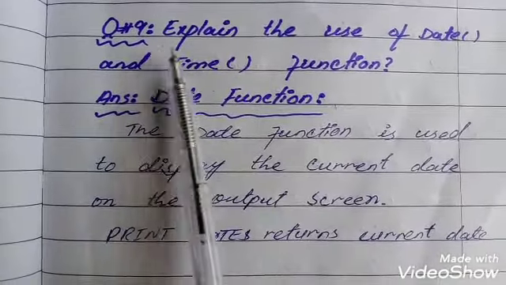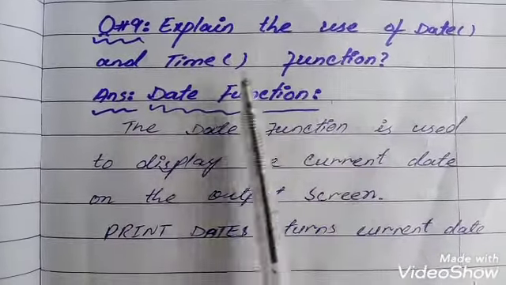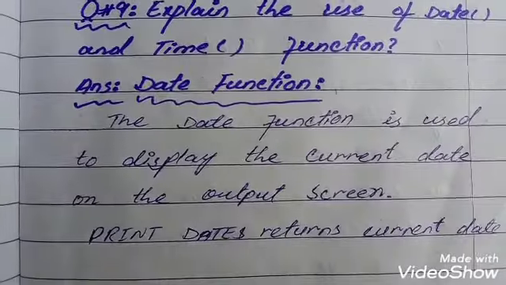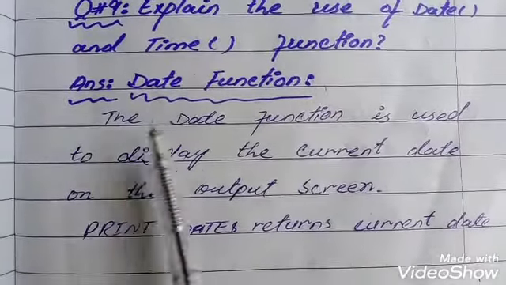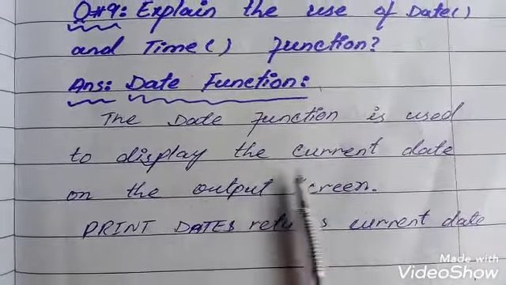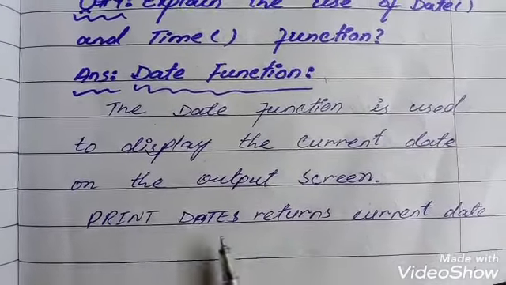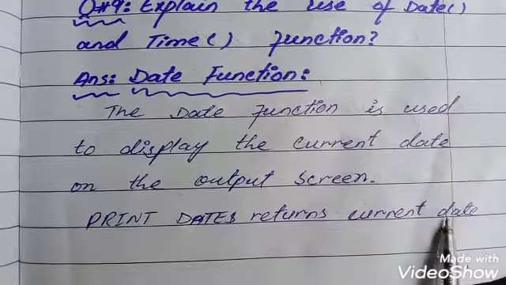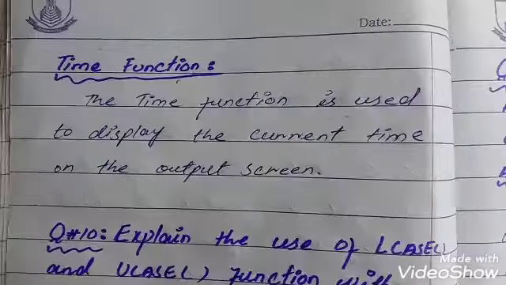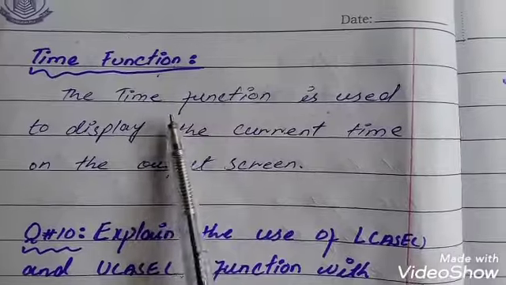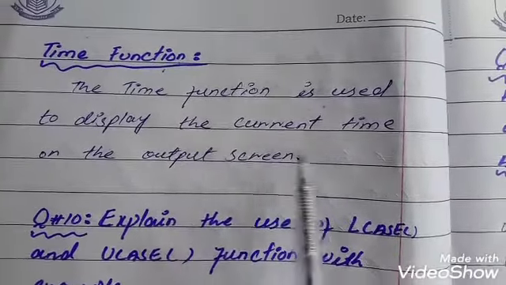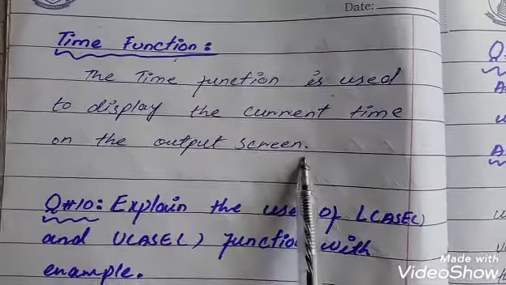Question number 9, explain the use of date and time function. Answer, date function. The date function is used to display the current date on the output screen. Print date returns current date. Time function. The time function is used to display the current time on the output screen.